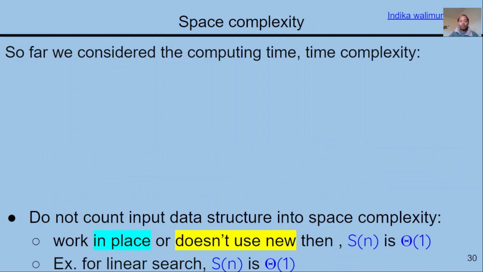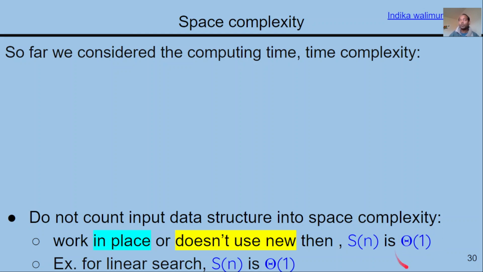And here are a few things. Do not count the input data structure into space complexity. That's your input, that's what you are working with. If your algorithm works in place on that input data structure, and doesn't use a new data structure or new amount of space, then the space complexity Sn is big theta of 1.